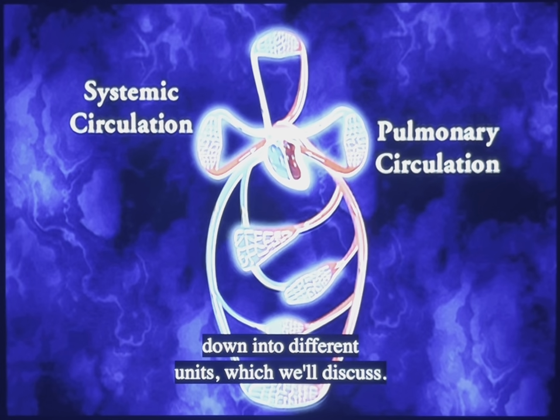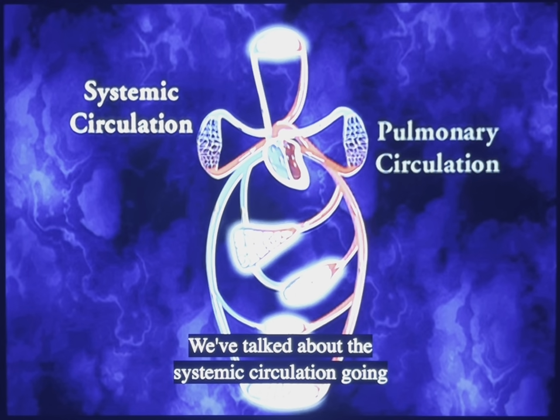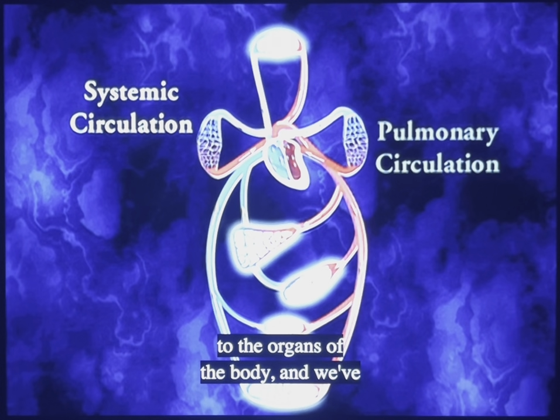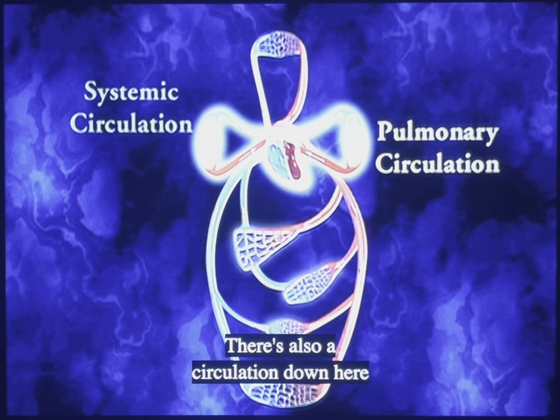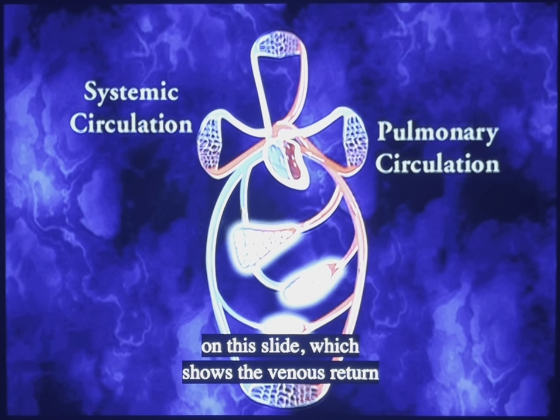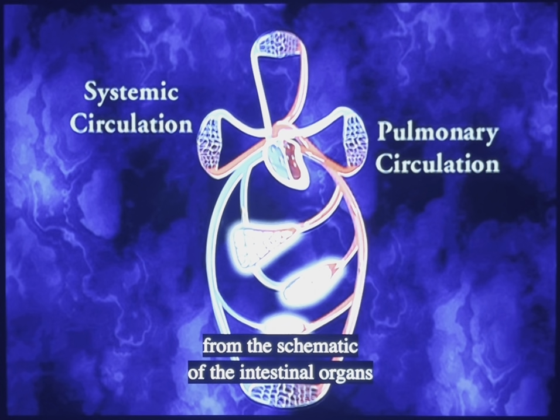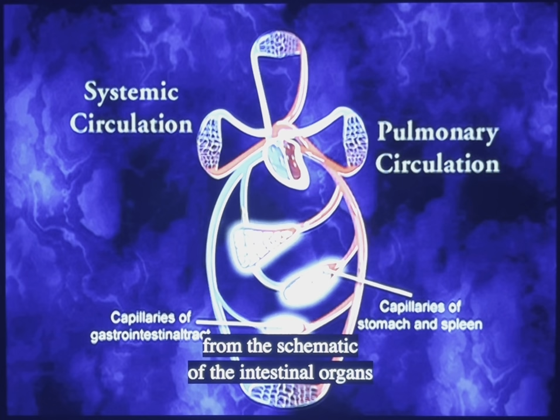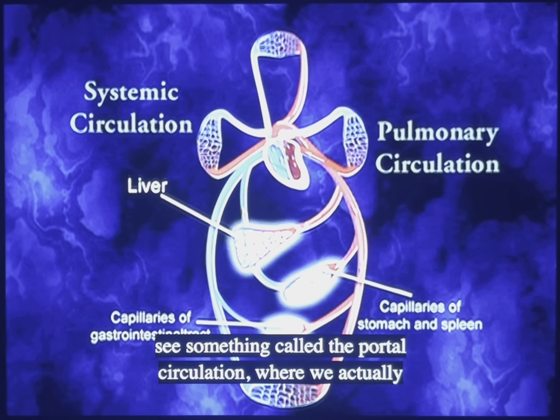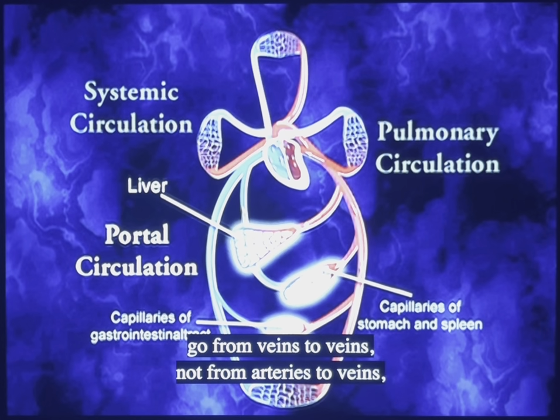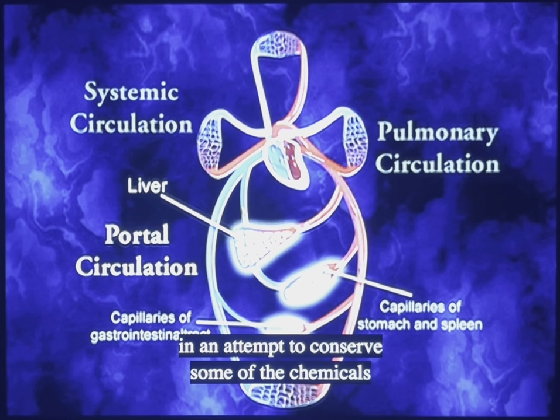There's basically several circulations in the body. We've talked about the systemic circulation going to the organs of the body, and we've talked about the pulmonary circulation. There's also a circulation down here on this slide which shows the venous return from this schematic of the intestinal organs all going back through the liver, where we'll see something called the portal circulation, where we actually go from veins to veins, not from arteries to veins, in an attempt to conserve some of the chemicals and not dilute them.